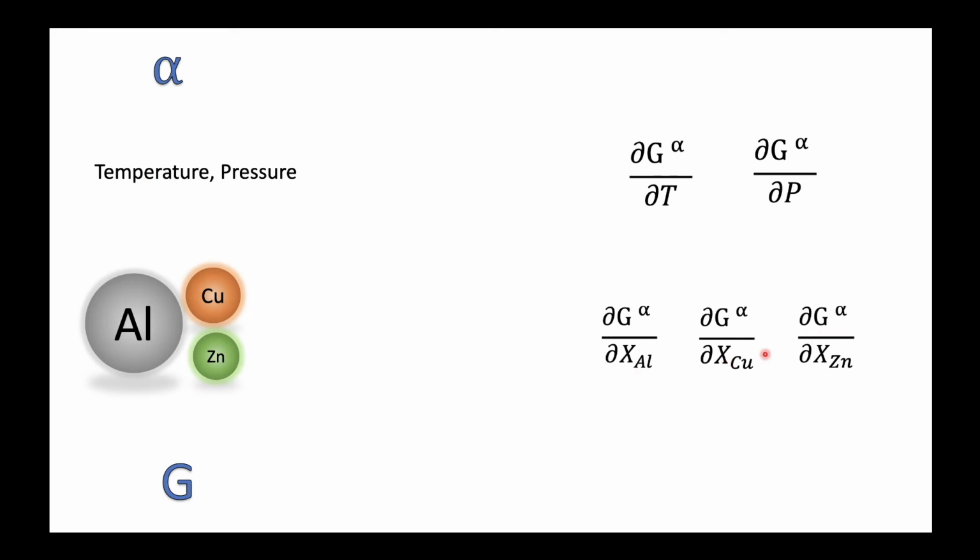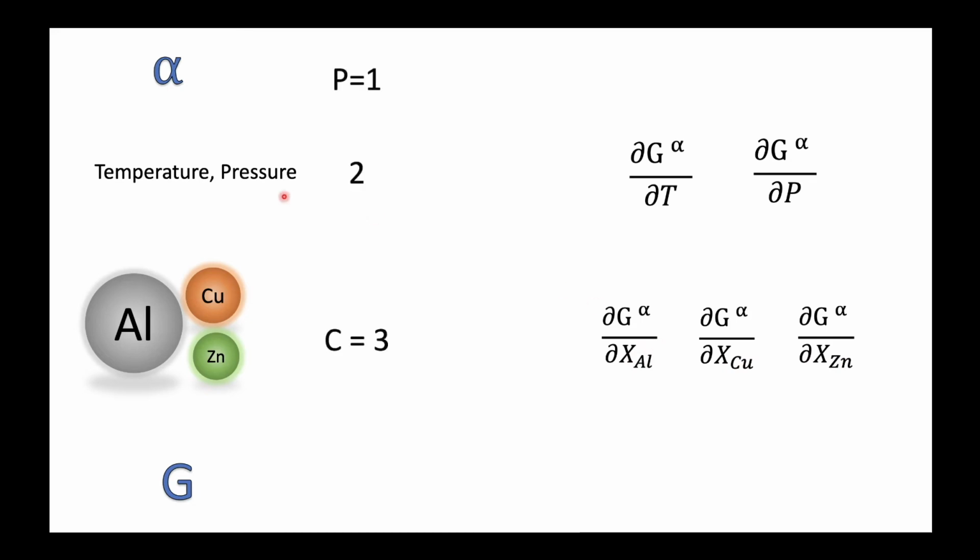But if you remember, as I said before, the amount of components, that is all of them, should add up to 1. That is, in this case, you can only simultaneously change copper and zinc, because the aluminum amount would be fixed based on the amount of copper and zinc you have. Similarly, if you change aluminum and copper simultaneously, the amount of zinc is fixed because all of them should add up to 1.